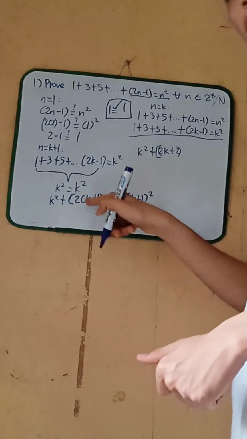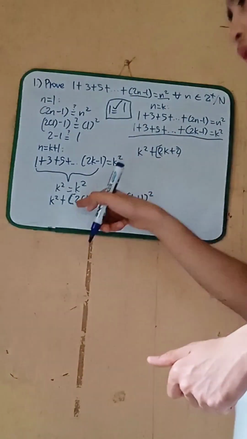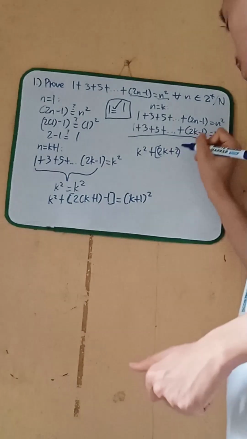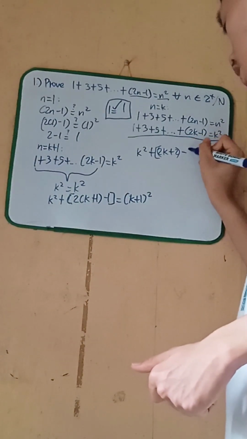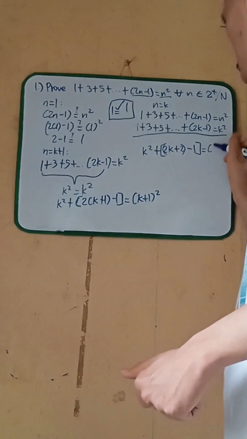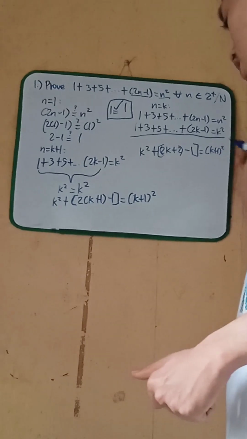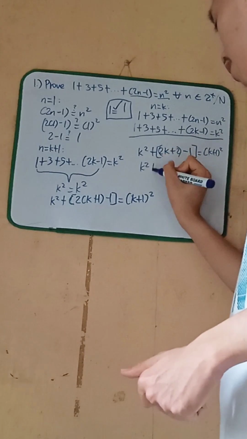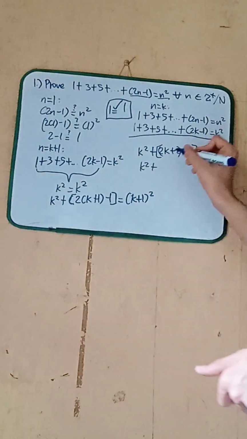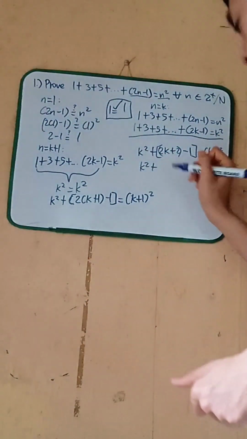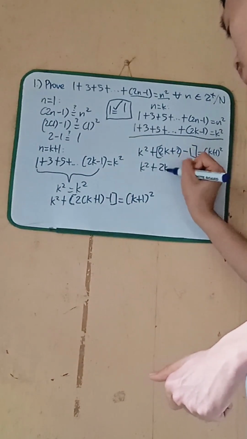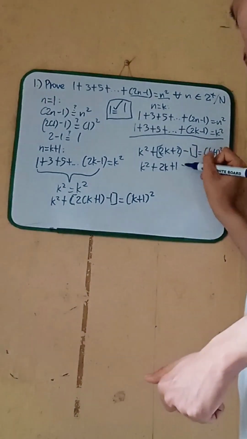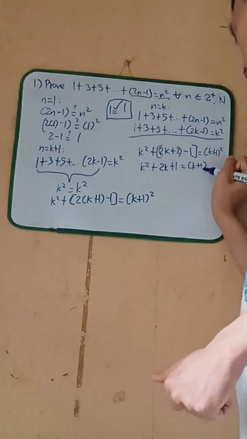Because 2 times k is 2k, and positive 1 times 2 is plus 2. So that's it. 2k plus 2 minus 1 equals k plus 1 squared, right? Now, simplifying this, we have k squared plus 2k plus 2 minus 1, which is positive 1. You have k squared plus 2k plus 1 equals k plus 1 squared.